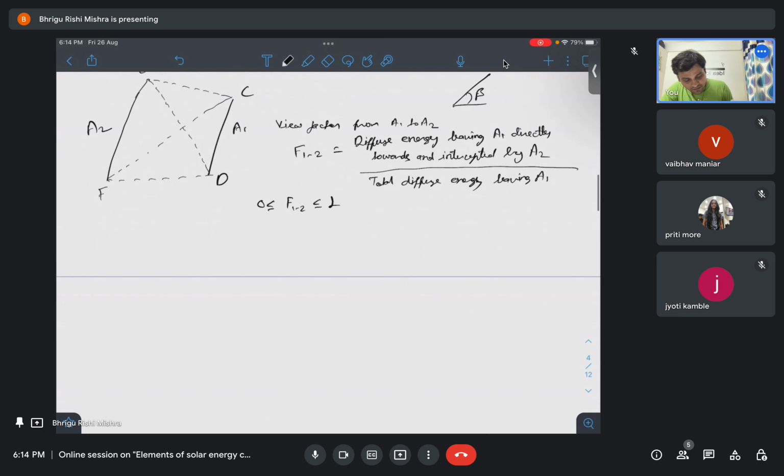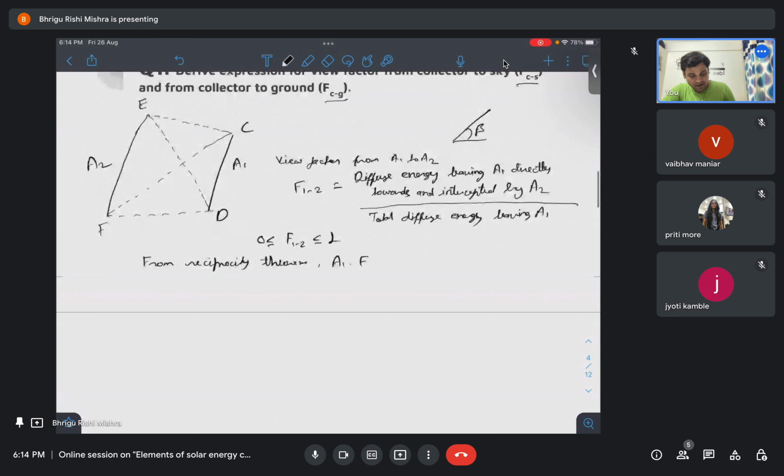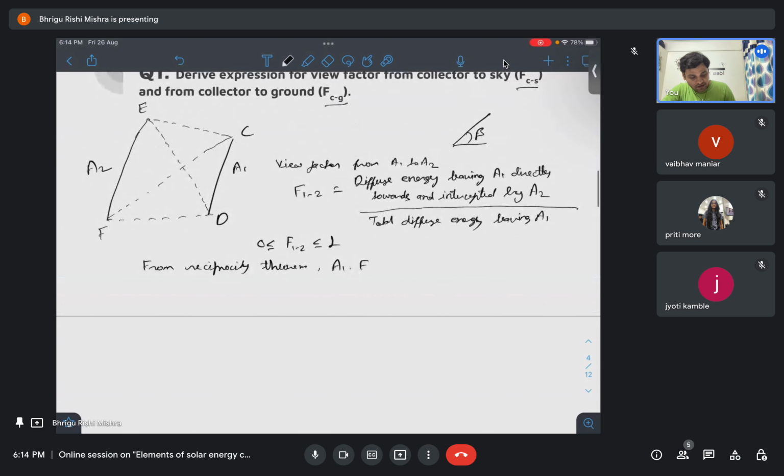Okay, also from the reciprocity theorem, the area of collector A1 into view factor from 1 to 2 equals the area of collector A2 into view factor from 2 to 1.